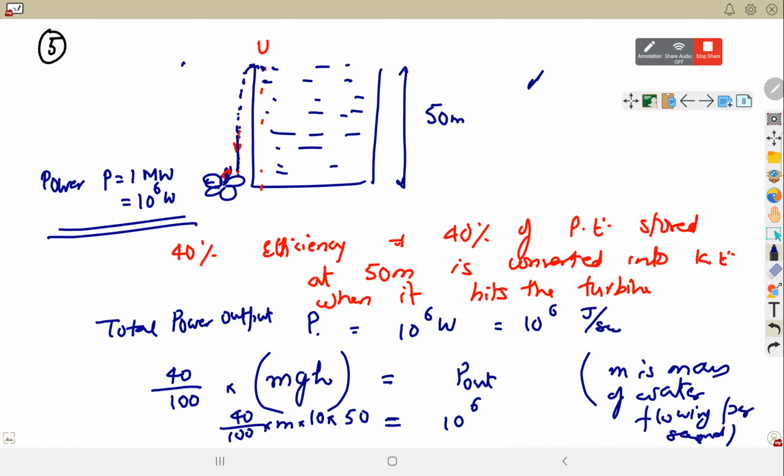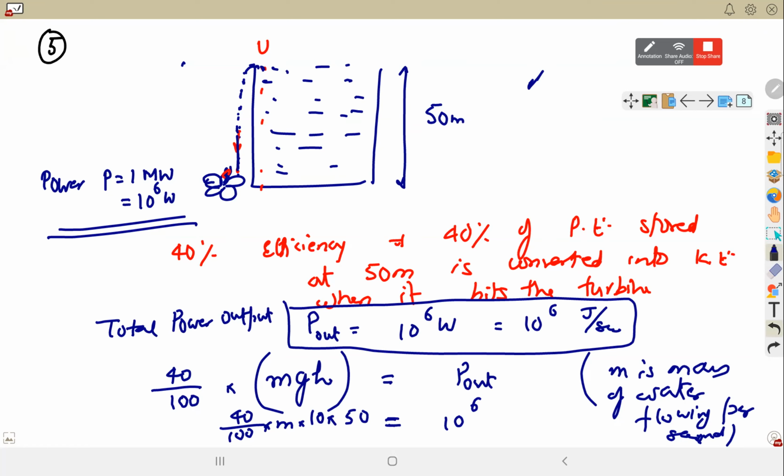P out stands for the output. What is the input? This potential energy. Potential energy is stored where?